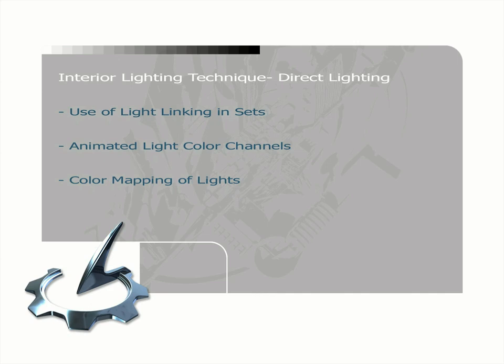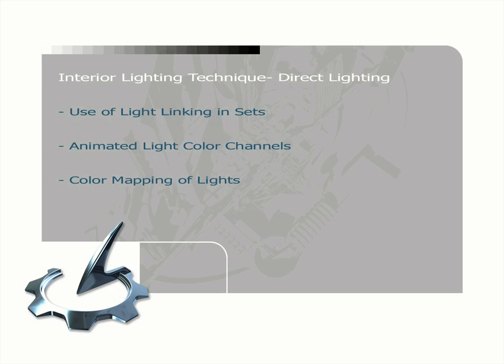So the last few topics to cover with interior lighting using direct lighting is that of light linking. And light linking everyone is familiar with, but for digital sets and backgrounds offers a great solution. Direct lighting, unlike GI, has no light transport simulation to it, so it's hard to cheat the fact that light can flow around objects and so forth.